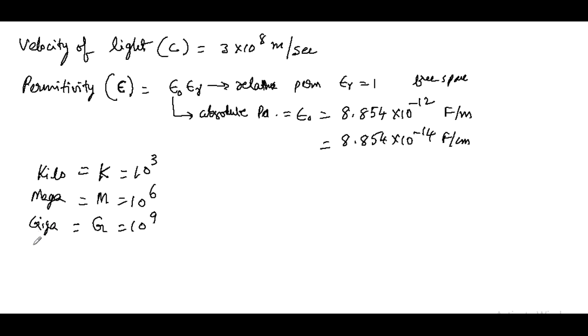And one more is tera, capital T, which is 10 to the power of 12. So these are the standard positive decimal power values: kilo, mega, giga and tera, denoted by capital letters.